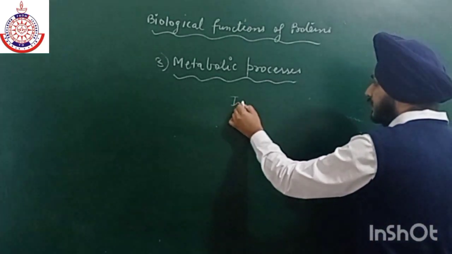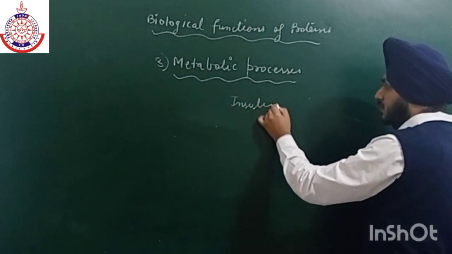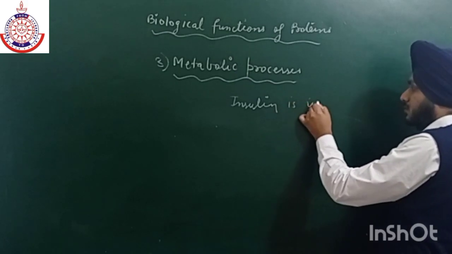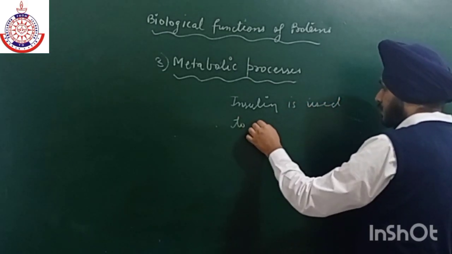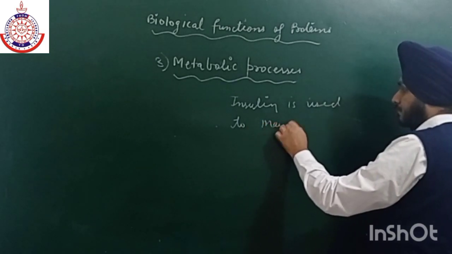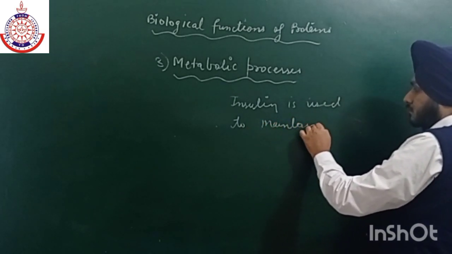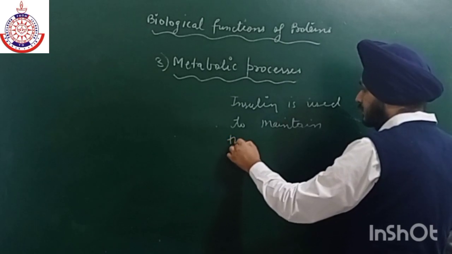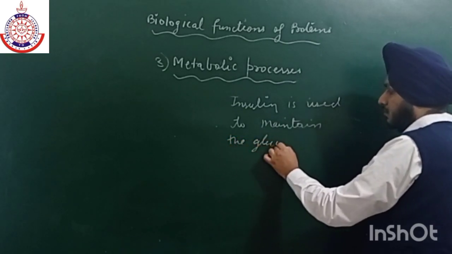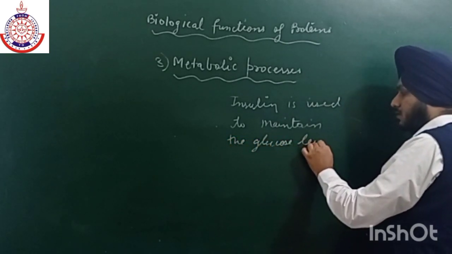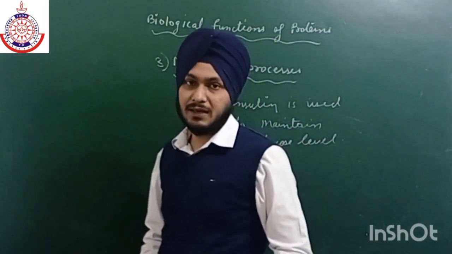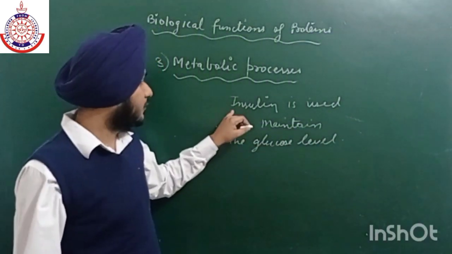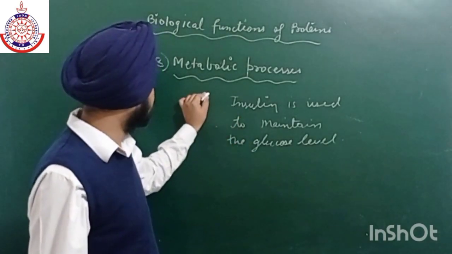So insulin is used to maintain the glucose level. Okay, so मेटाबॉलिक प्रोसेसेस में भी जो है प्रोटीन्स का मेन रोल है. ओके, दैट इज फॉर एग्जांपल द बेस्ट एग्जांपल इज इंसुलिन.